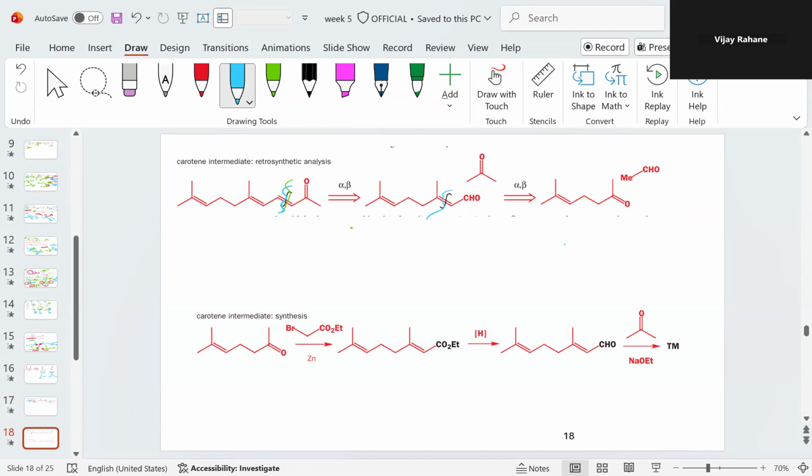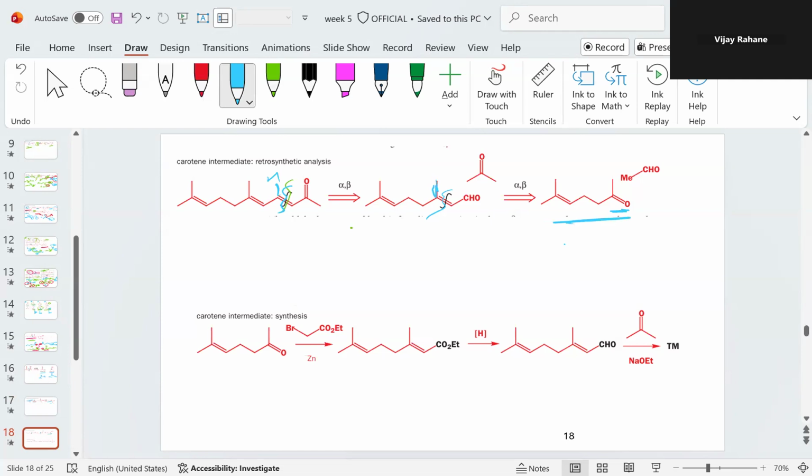Further upon disconnection here, we can now get the ketone, because upon doing disconnection here there is a methyl substituent which was absent in this case. It was hydrogen.